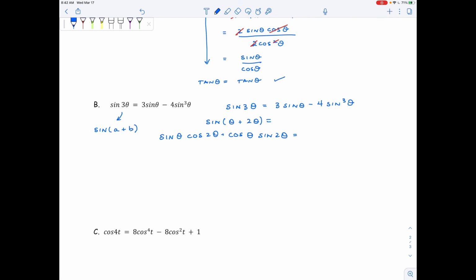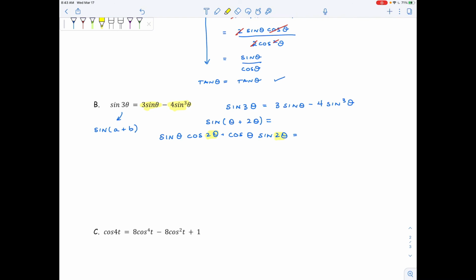All right, so given this, we're making some progress. We need 3 sine thetas on the right. We need 4 sine cubed thetas. But now we've got these double angles, and we need a bunch of sines. So if you have an idea, plug it in and keep going, and then just check your answer with mine.